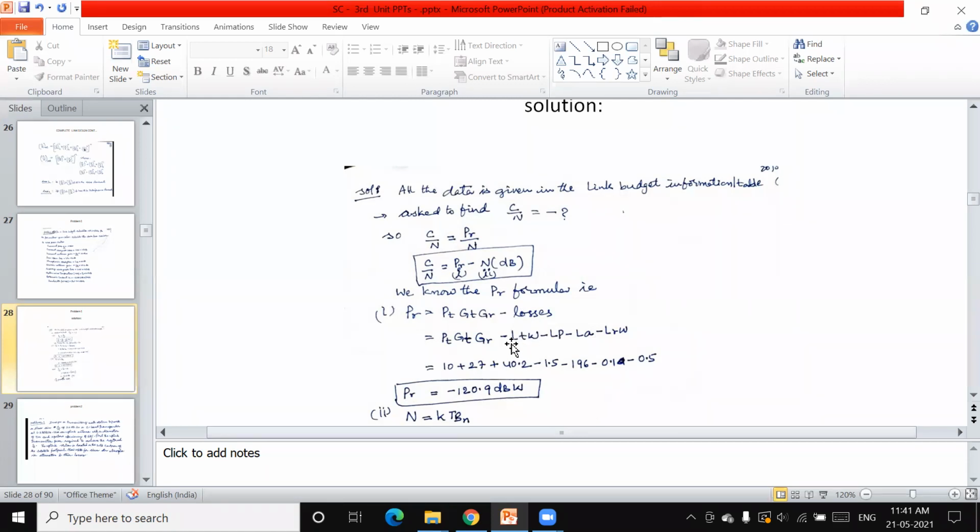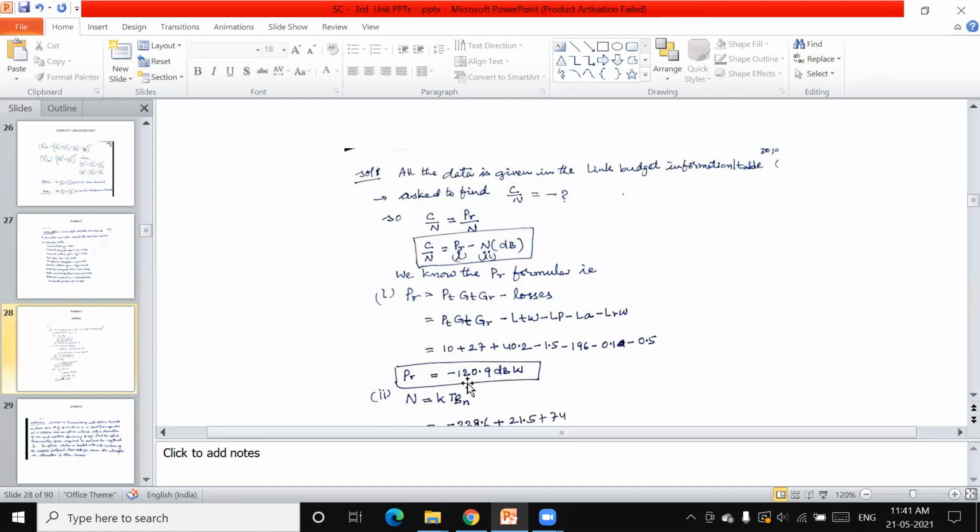This is nothing but the waveguide transmission loss, total path loss, atmospheric absorption loss, and receiving waveguide loss, because all these four losses are given in the link budget. Those values are LTW is 1.5, the total path loss is 196 dB, LA atmospheric absorption loss is 0.1 dB, and LRW receiving waveguide loss is 0.5. So now if you take this, you are going to get minus 120.9 dB watts. So this is the PR.